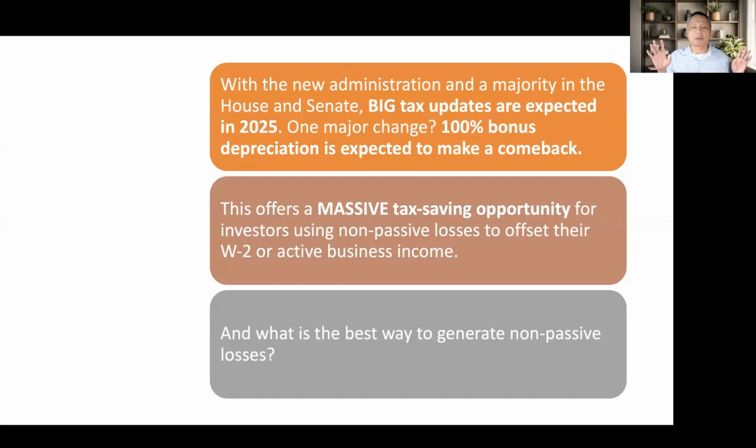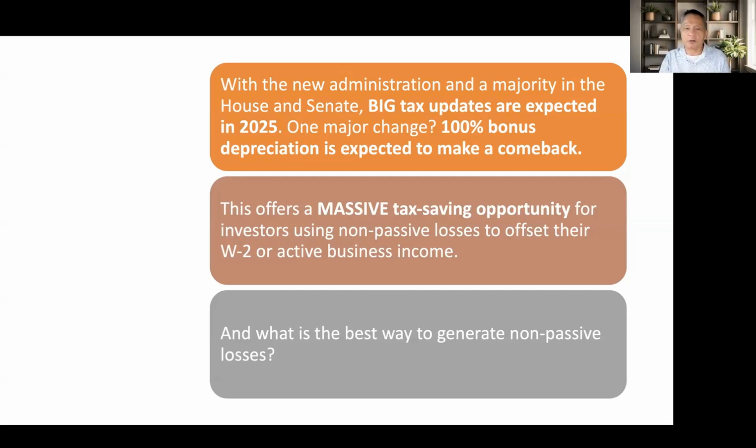The key is material participation, which is a very advanced, stringent rule. If you can meet the hours with respect to material participation, that'll make your tax benefit above and beyond what you get on a normal basis.